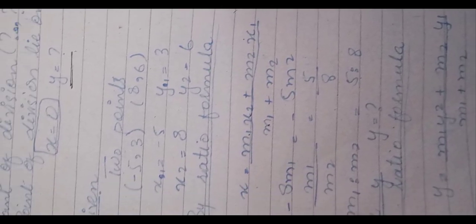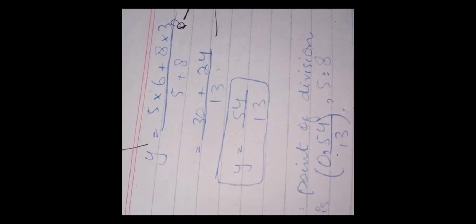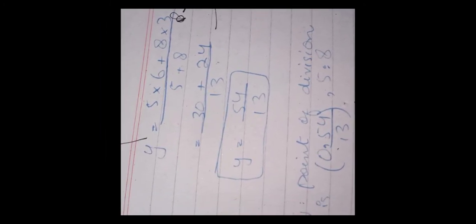Now we know m1 and m2, so we put in all the points we have, and now we have the point of division, with y equal to 54 upon 13. That's the point of division in the y coordinate.